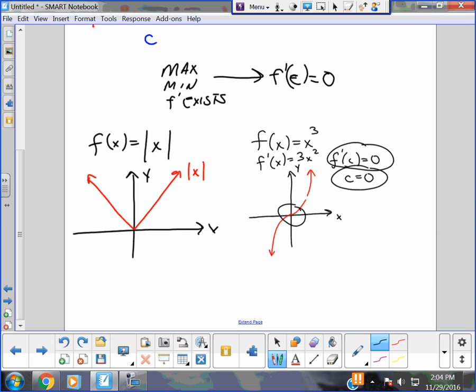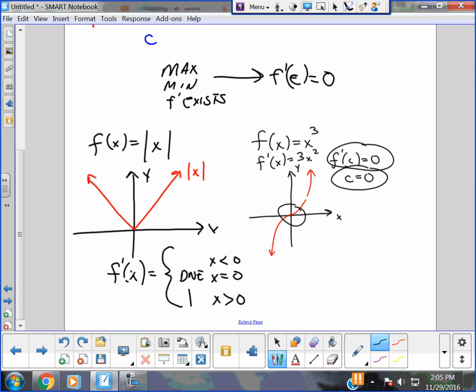Guys, here's the funny part about this. If I want to find the derivative, I tell you it doesn't exist at 0. What's the derivative to the right of 0? 1.